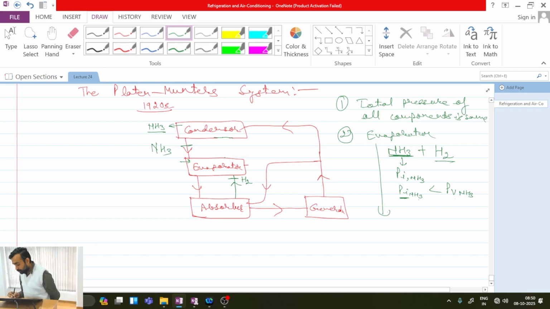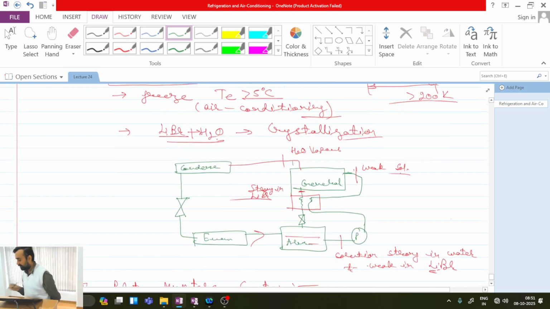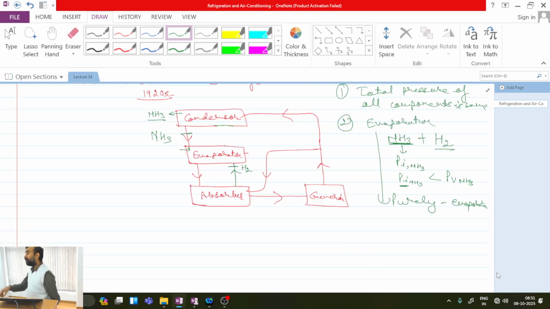Another point you have to understand: this process is purely an evaporation process. It is not a boiling process. What is the difference between pure evaporation and boiling? Please tell me. When I put a glass of water and keep on heating, bubbles will come. Vapor bubbles will come in the boiling process. But in the evaporation process, if I have put a glass of water over here, I will see that the liquid level is going down, but there is no bubble formation.